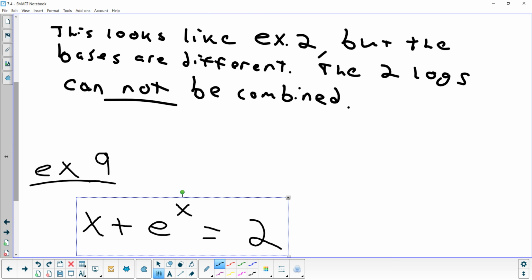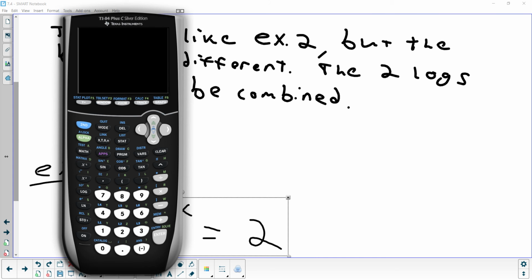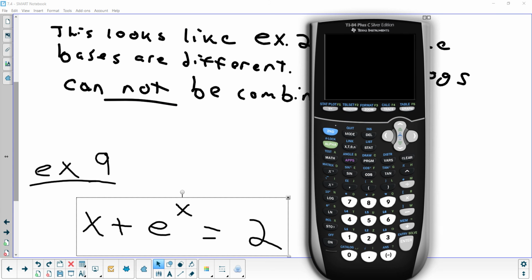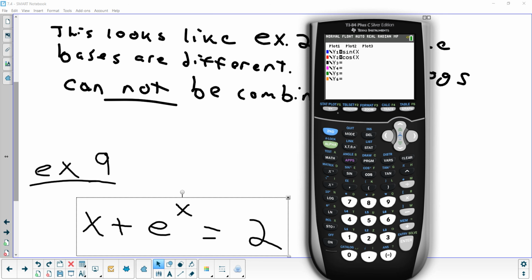So one thing we could do, and here I just want you to understand that there are other ways to solve equations besides using algebra, is I could do something like this. I could type in x plus e to the x. I put what was on the left side in one line, and I'm going to put a 2 on the other line.